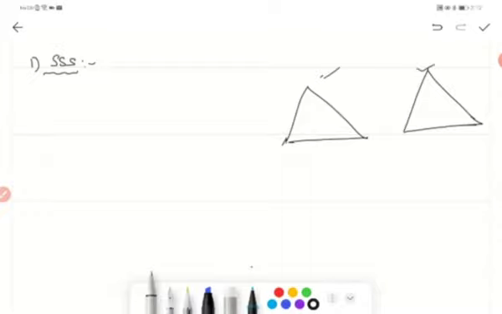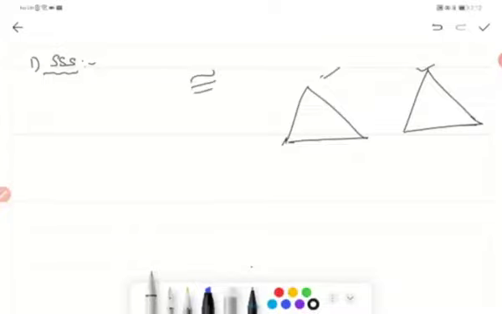So what I can do is superimpose this triangle on this one and check whether it is covering exactly or not. If it is not covering exactly, then I can say these two triangles are not congruent. And what was the symbol of congruency? Yes, the symbol of congruency was this.